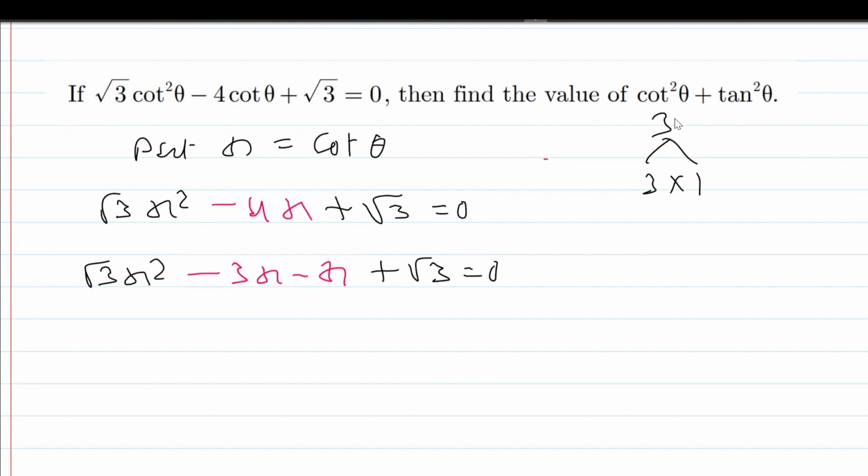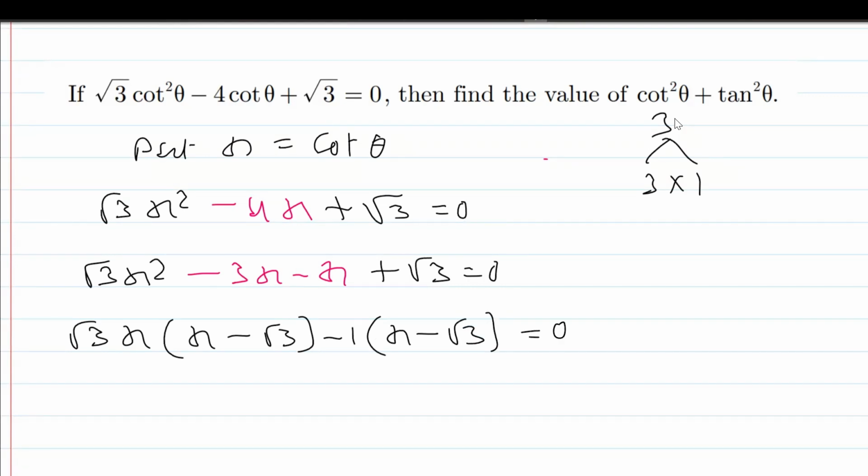So what I did actually was middle term splitting in this part. Now what you can see is that from root 3 and 3, what is common? Root 3 is common. So if I take root 3x as common, we'll get root 3 inside. This is x minus root 3. Similarly, if I take minus 1 common from here, that will give you x minus root 3.